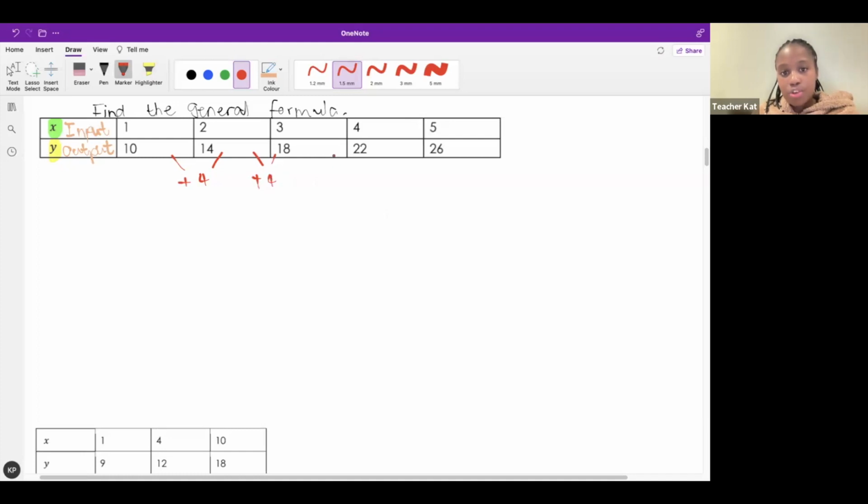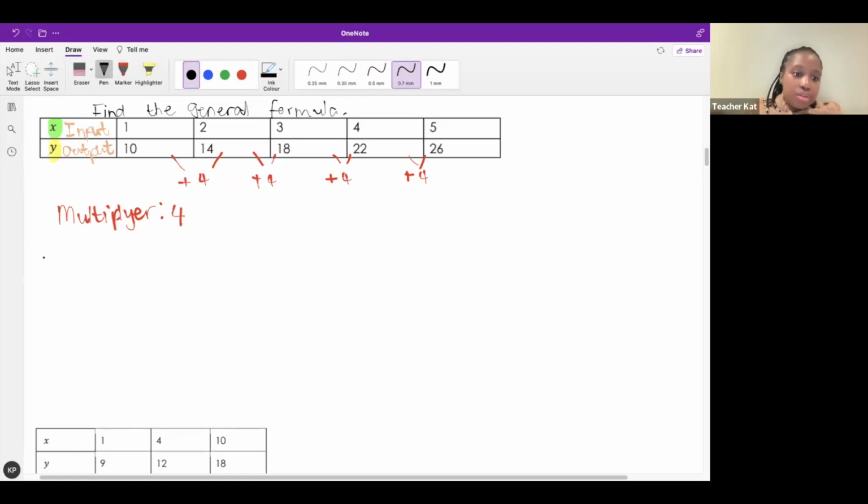So it seems our trend for this time is adding 4. Now, who remembers what we call this 4 that we keep adding over and over again? I had a special word for this 4. Nice word. The 4 is our multiplier.